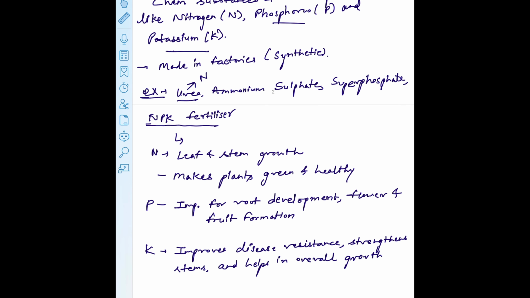Urea is rich in nitrogen, superphosphate is rich in phosphate, and another one is potash, that is rich in potassium. So when combined as NPK fertilizer, plants get a balanced supply of nutrients in one fertilizer. So it is a useful one.